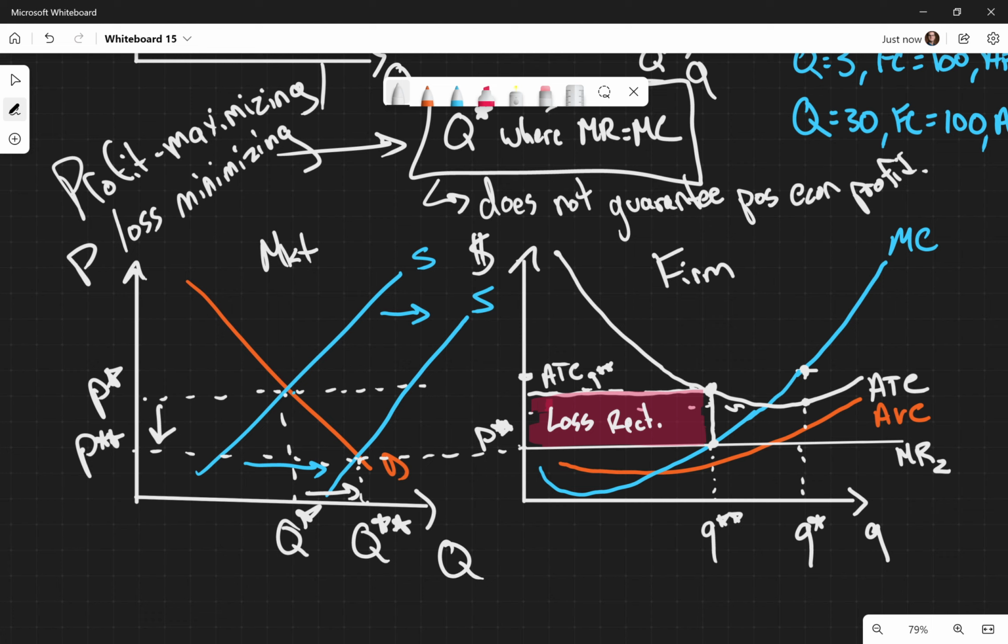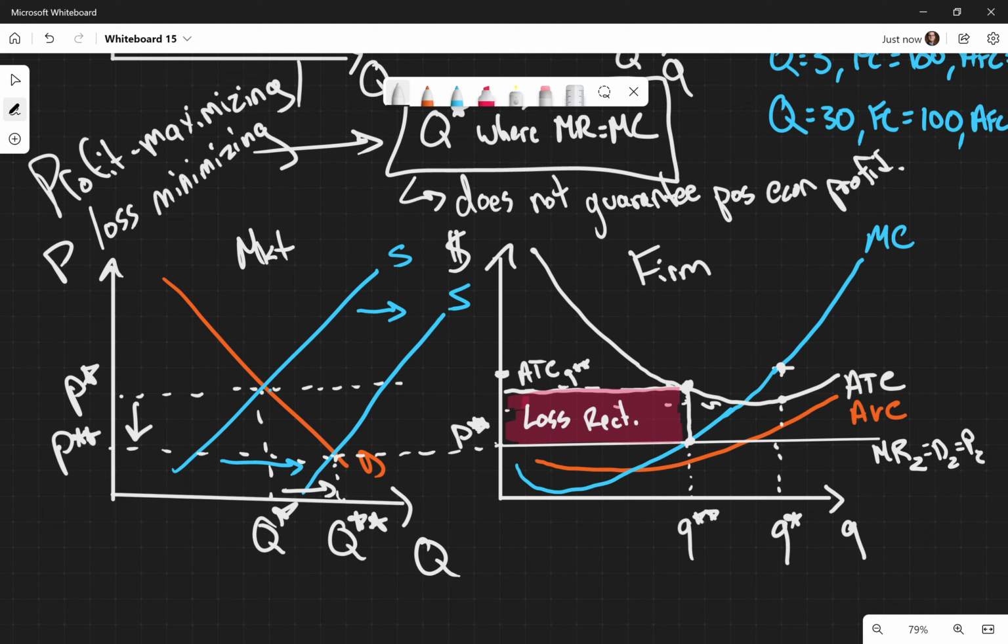So this is going to cause the least amount of loss for the company given the new market conditions, given the new price, demand curve, and marginal revenue curve. And remember, in perfect competition, they are all the same thing. That is probably one of the more confusing things for a lot of students, the fact that they are all the same thing in perfectly competitive firms.